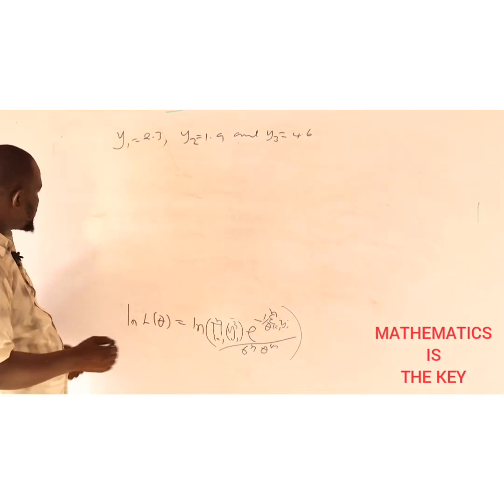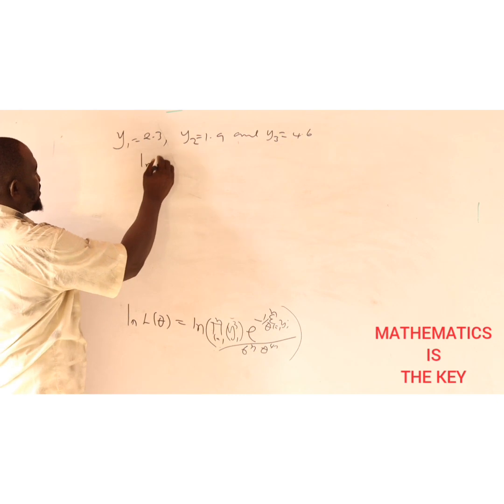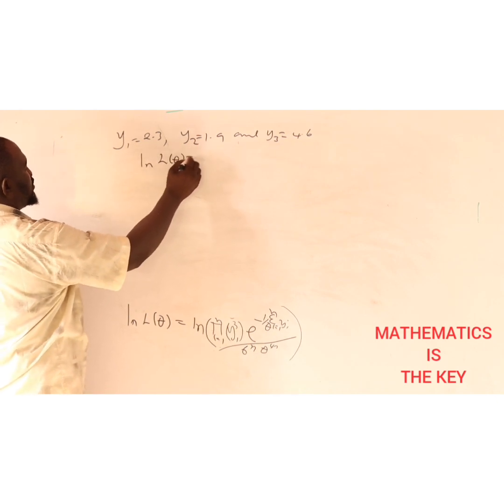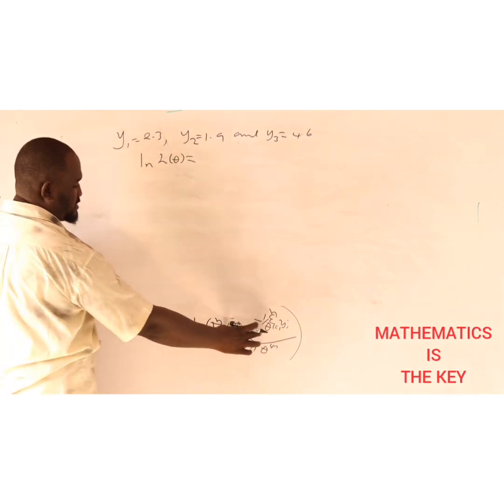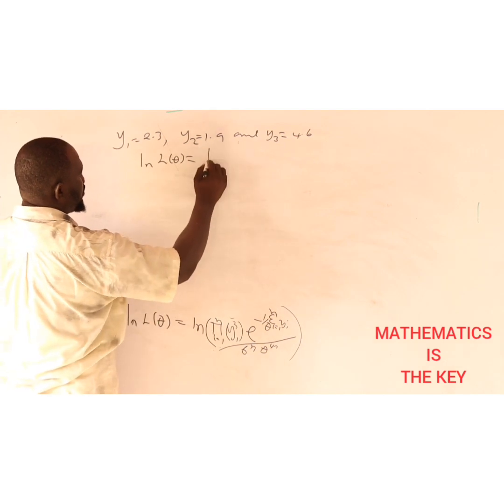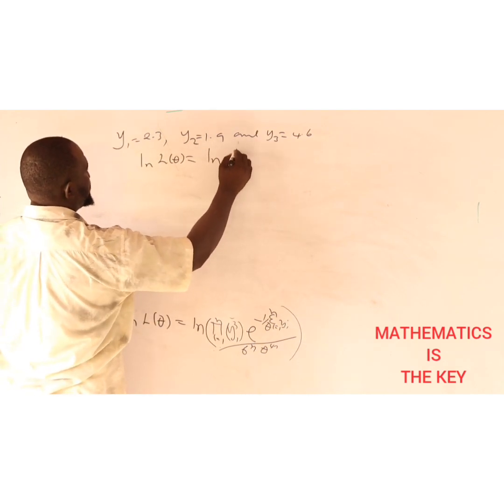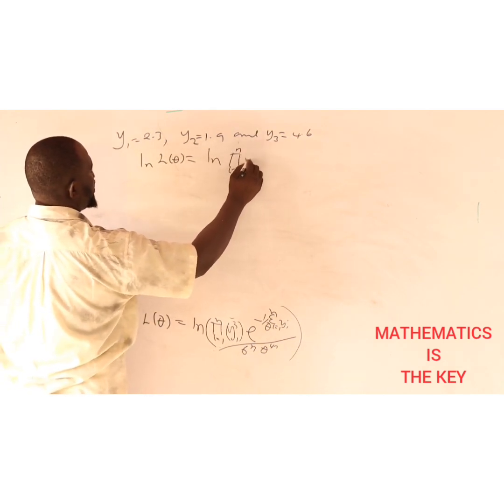So by taking the ln, we are going to have ln of the likelihood of theta equal to this product. So we have ln of the product to n of i equals 1 of yi to the power of 3.